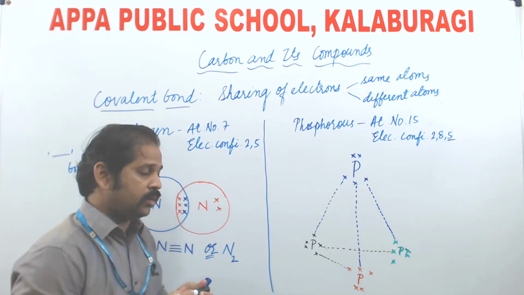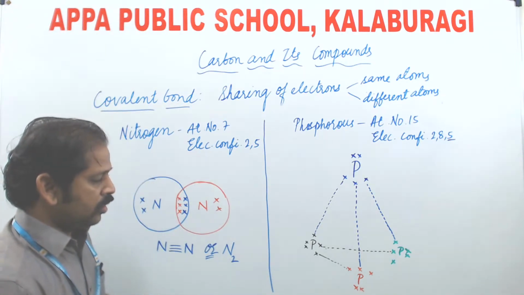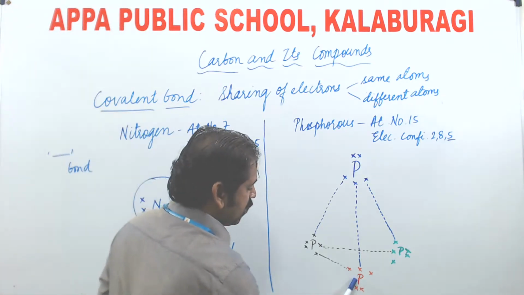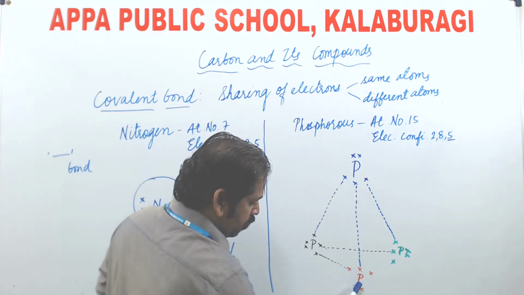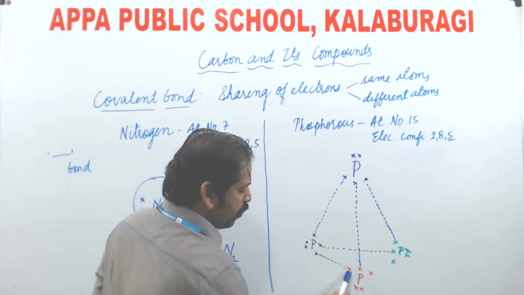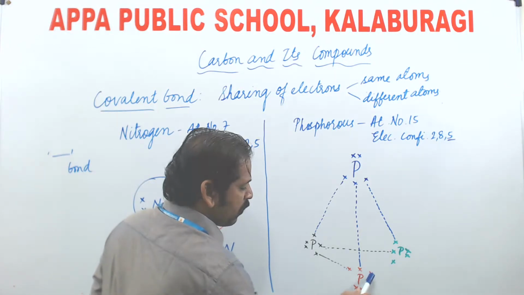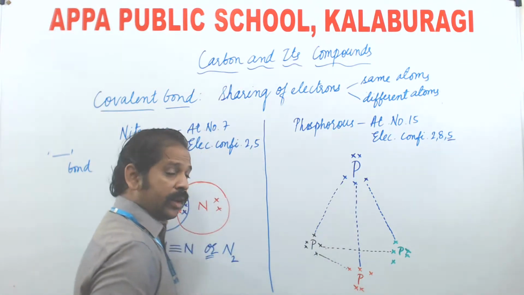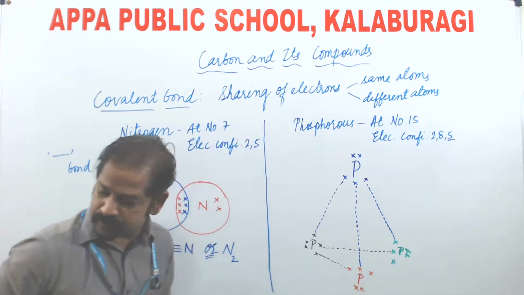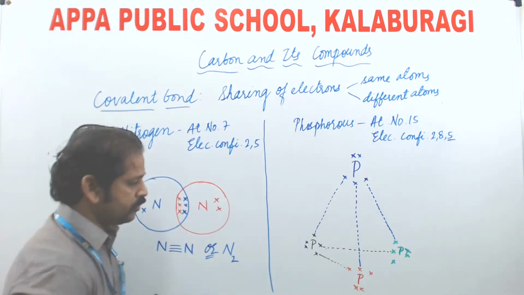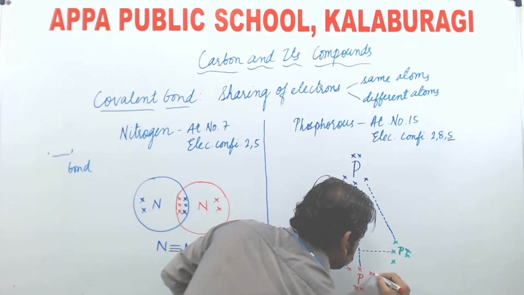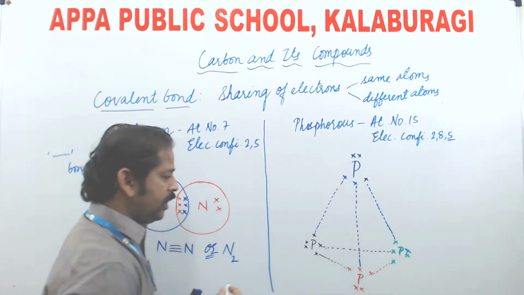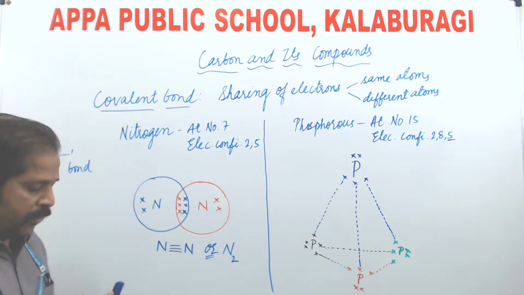Now this phosphorus has two paired, then 3, 4, 5, 6 is here, seventh is here, eighth will be here. Yes, this is about the P4.